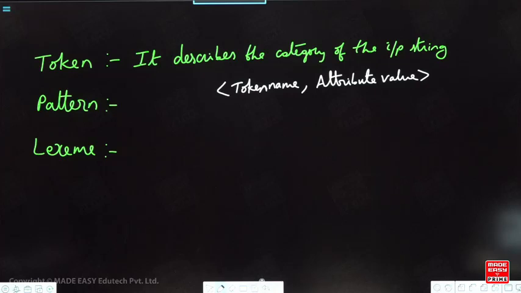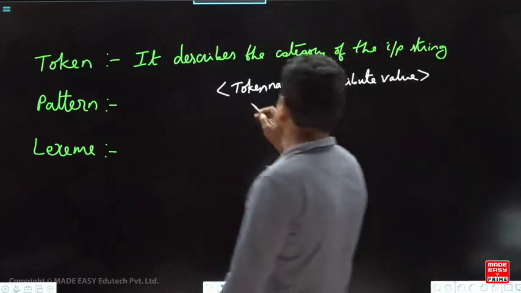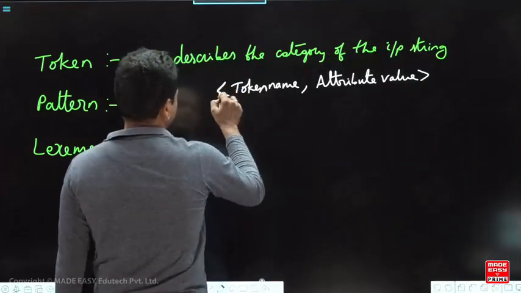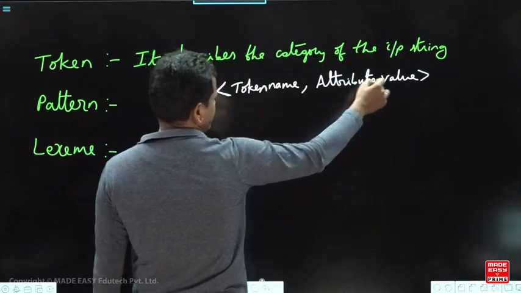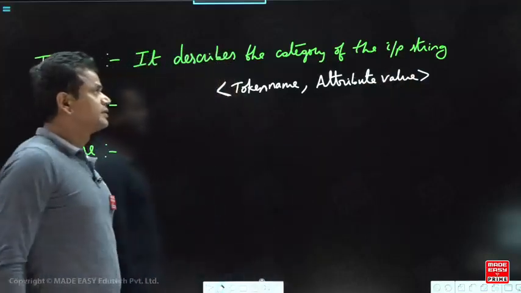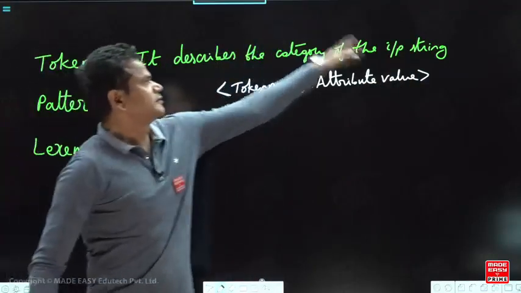Token is a pair consisting of token name and attribute value.